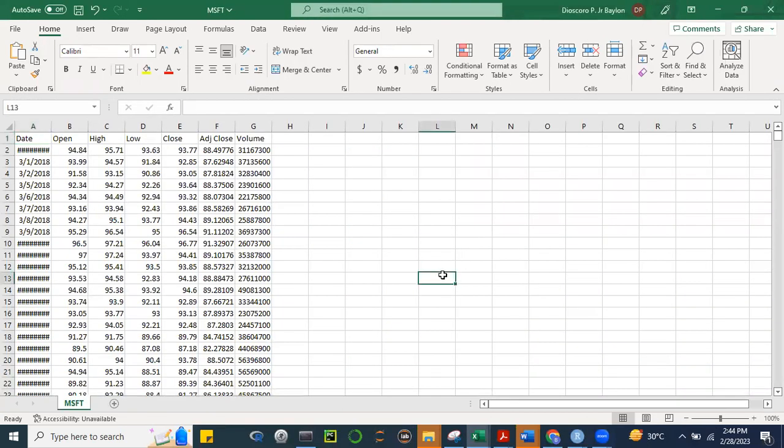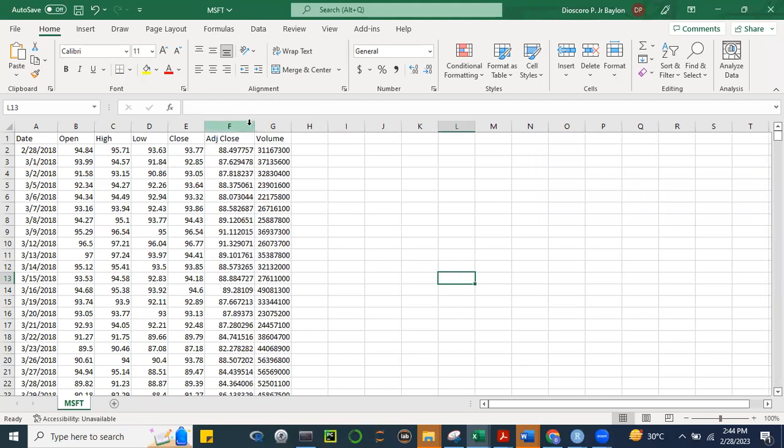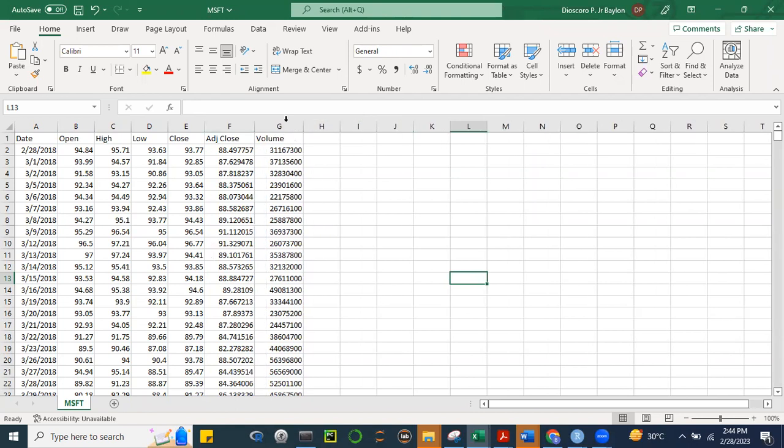Okay, so this is a CSV file. So we have here the date, and then we have here the opening price, the high, the low, the close, and the adjusted close, and then the volume, number of shares traded during this day.